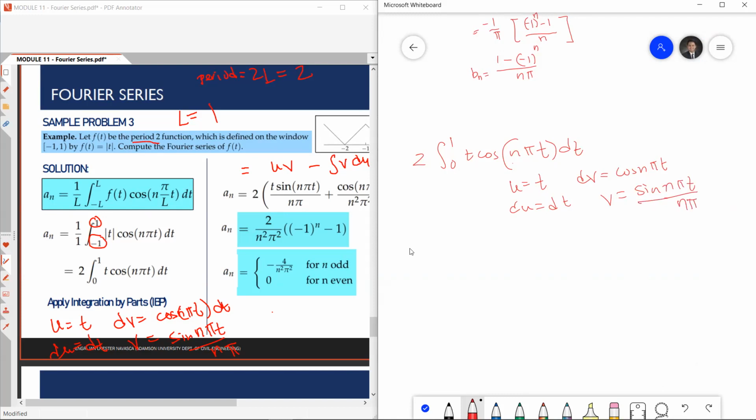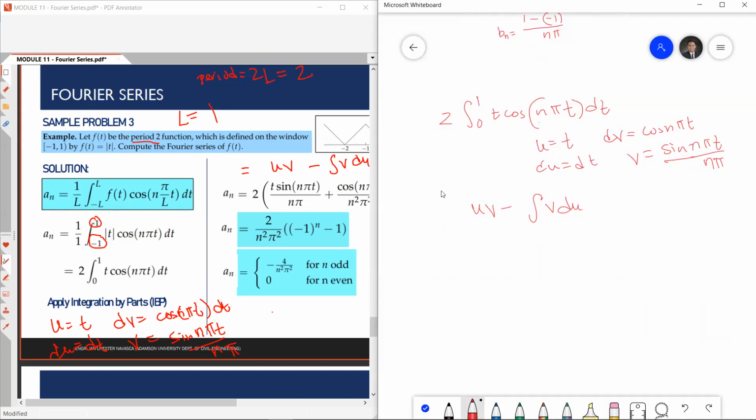Using the integration by parts formula, that is integral of uv minus integral of v du. Are you still following, class? Are you still alive there? Yes po, sir. So you have t times our v, that is sine n pi t over n pi, minus the integral of v du.